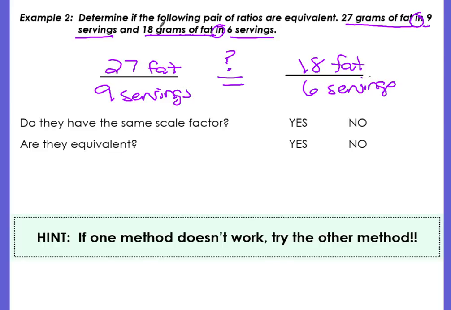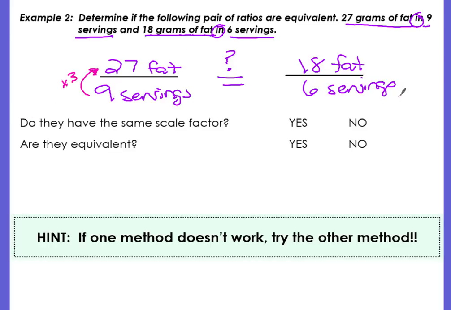Okay, so the scale factor, you can see there's no whole number scale factor that we can multiply 9 by to make a 6, or 27 by to make 18. But this is when we go horizontally. You can also find scale factors going vertically. I can see, let me do this in a different color, that I can go from 9 servings to 27 by multiplying by a scale factor of 3.